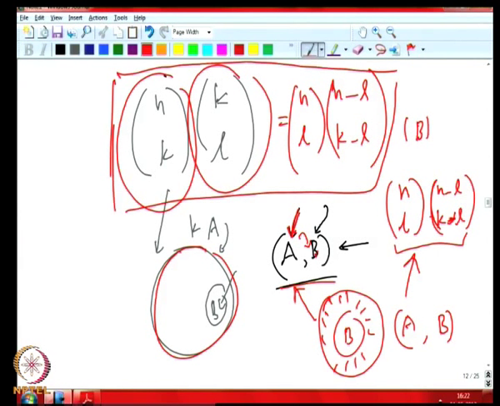First, A is the first coordinate, the first selected thing, and B is selected after that. The other way is to select B first and then select A. This is also a kind of double counting, in two ways we are doing it.